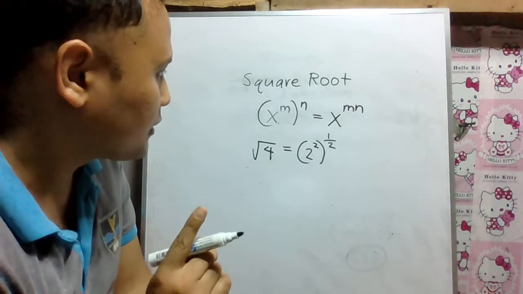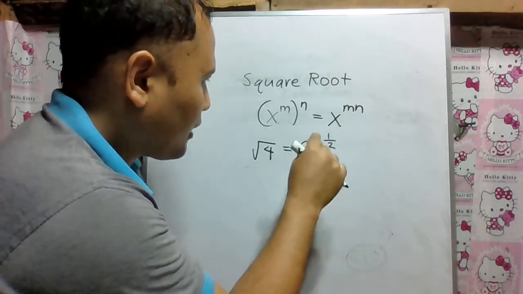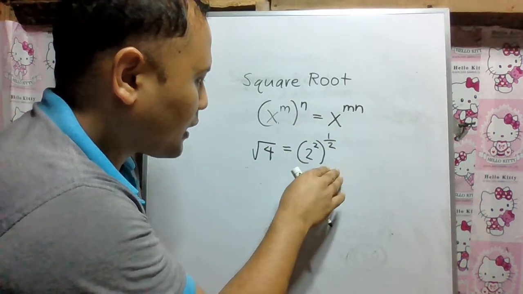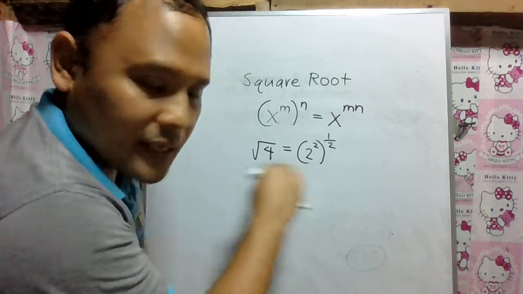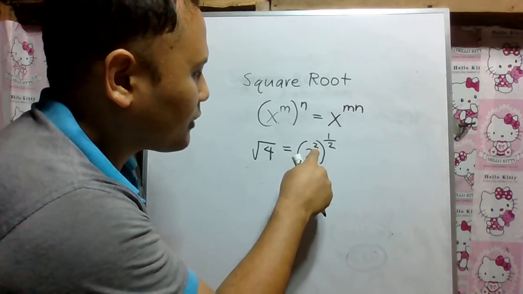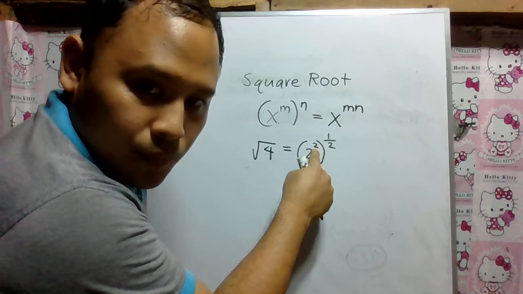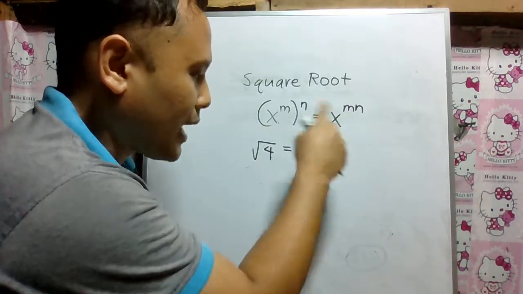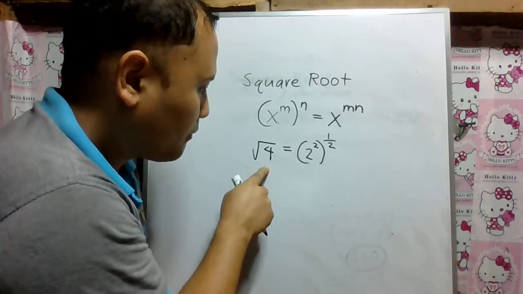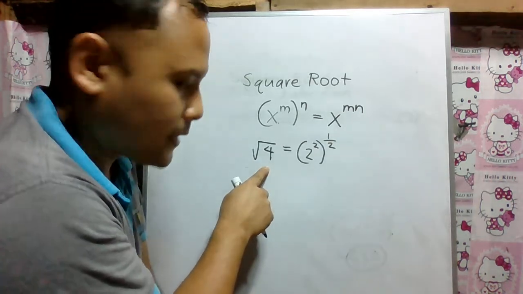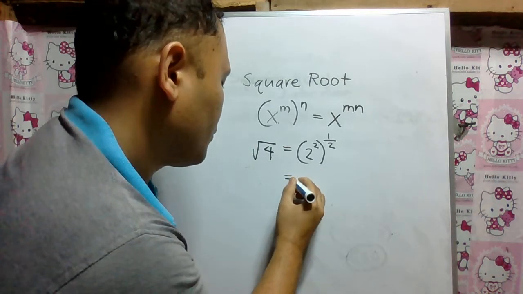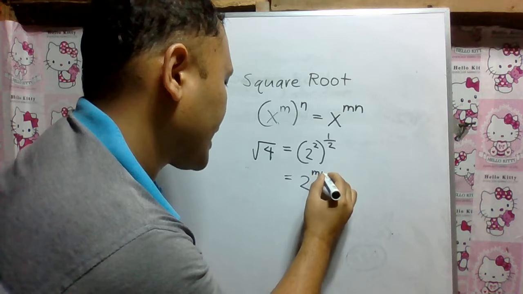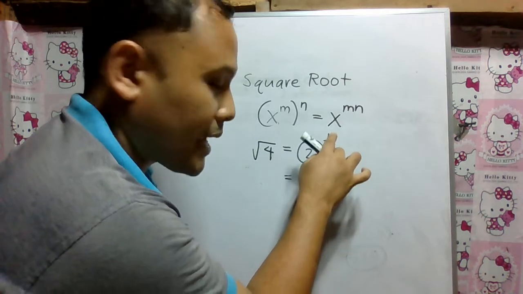So you can see that if we use this formula and in using this specific example, you can see that the value of our m is 2 and the value of our n is 1/2. So let us apply this formula in getting the square root of 4. So 2 times m times n. This is m, this is n.